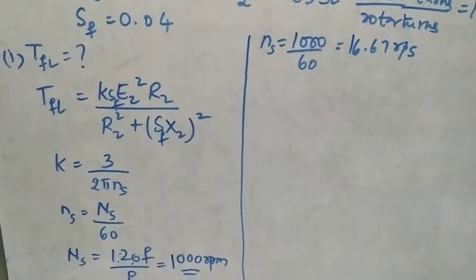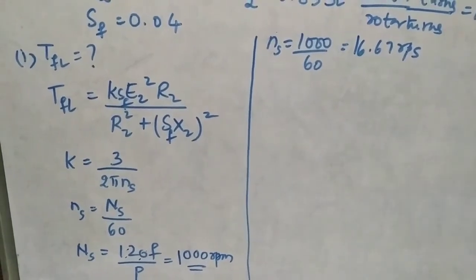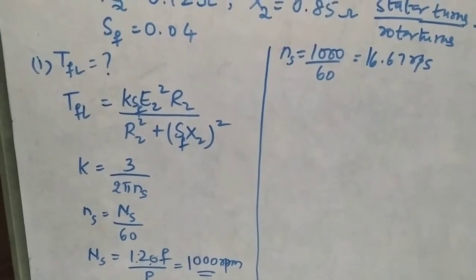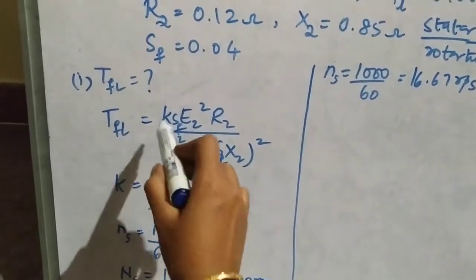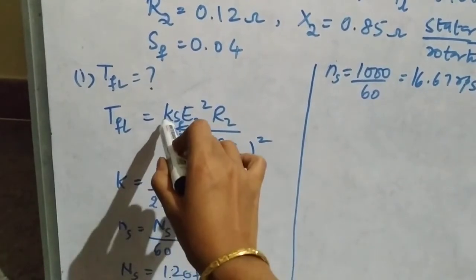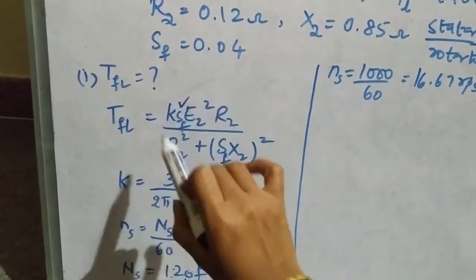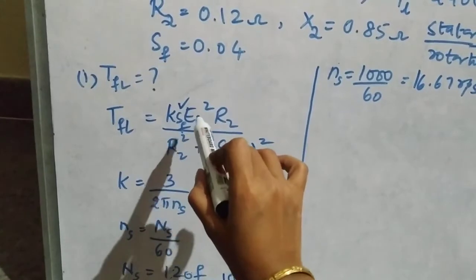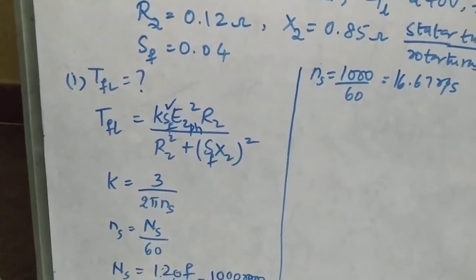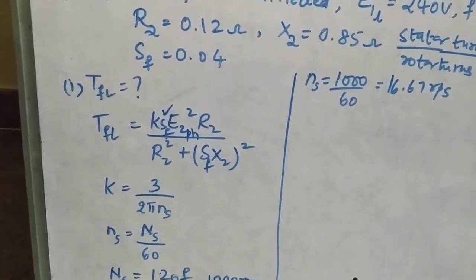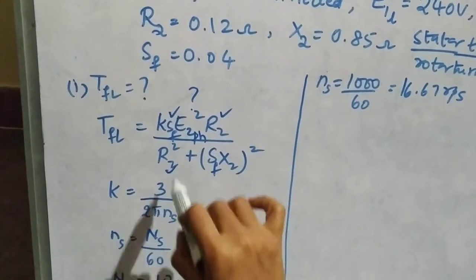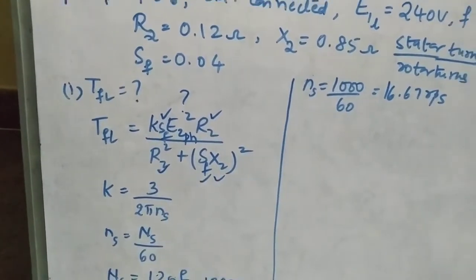Substitute that value in K is equal to 3 divided by 2 pi ns. Before that, let us see the torque equation, because this K value goes here. In that SF is there, and the E2 value which you are going to substitute here should be the E2 phase value. We don't know this value. R2 is given, X2 is given, SF is given.